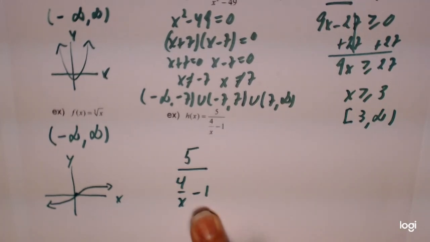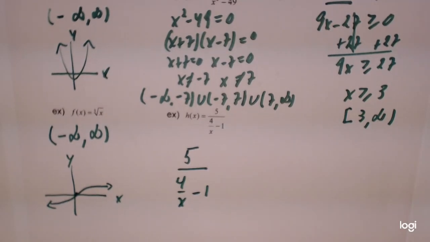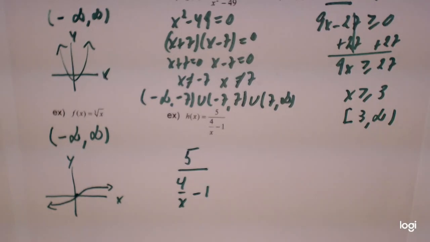We know when we have a denominator in our function, we have to consider, are there values of x that could be problematic, that we will have to kick out? So let's take a look at this. And when we have complex fractions, what I'm going to suggest to you is that we always clean them up some.